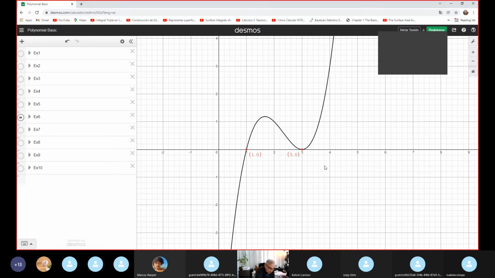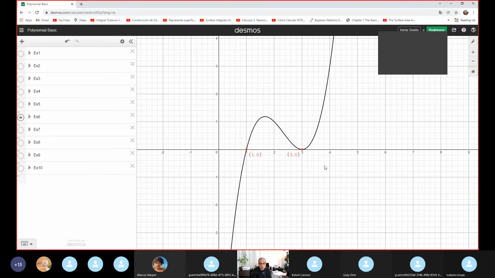So what happened with the multiplicity? Well, I know that when the multiplicity is even, it touches, no? It touches. So I suppose, using my imagination, that we have one factor x minus 1, which is at the point 1. Yes, the factor is x minus 1.